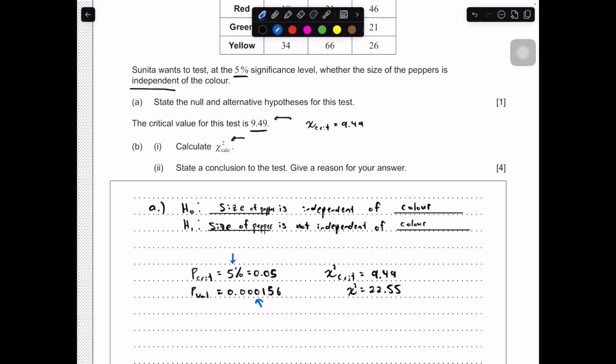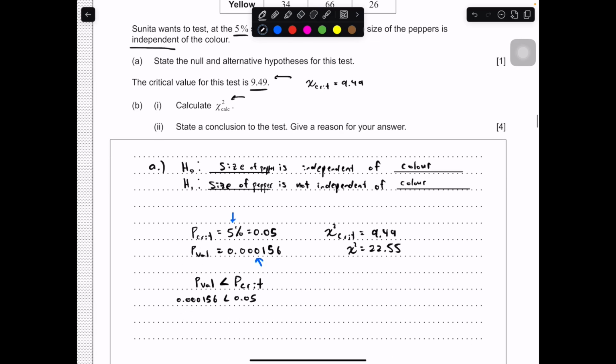So here we would say the p-value is less than the critical value. That is to say 0.000156 is less than 0.05, and then what would we do? We would reject the null hypothesis. All right.